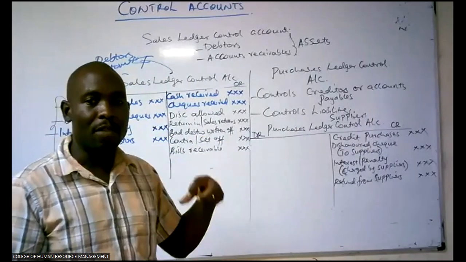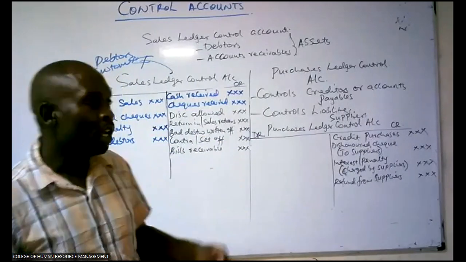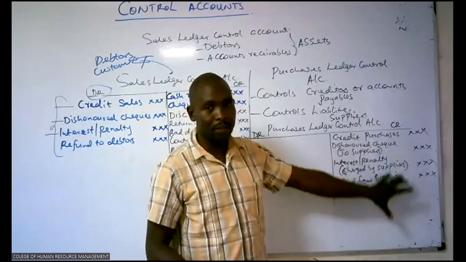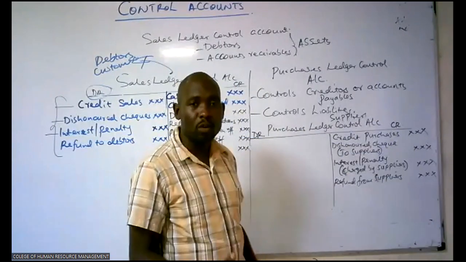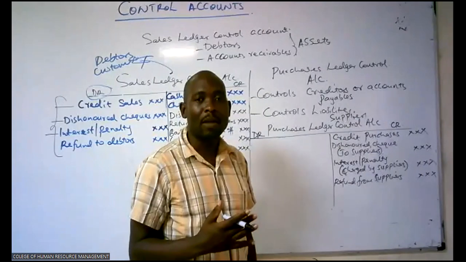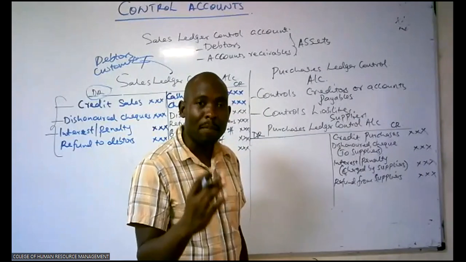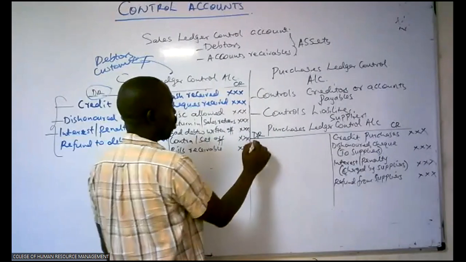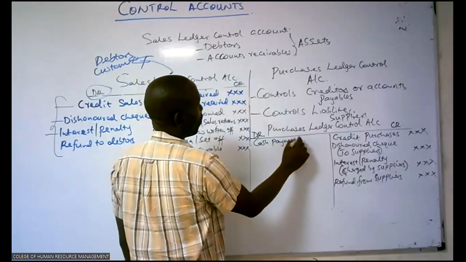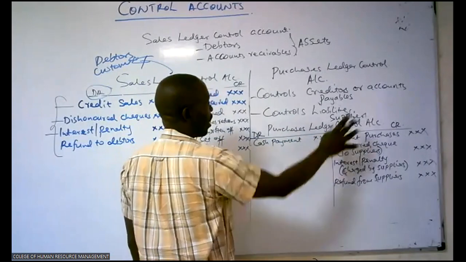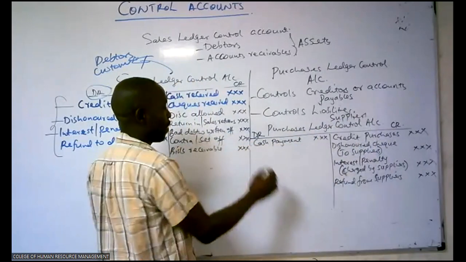Then what we debit in the purchases ledger control account is what reduces the amount that we have credited. How do we reduce the amount that we are supposed to pay our suppliers? We reduce that amount by doing what we call cash payments. When we pay by cash, we are reducing what we are supposed to pay them.